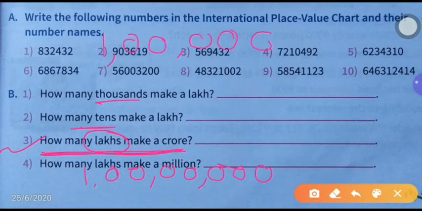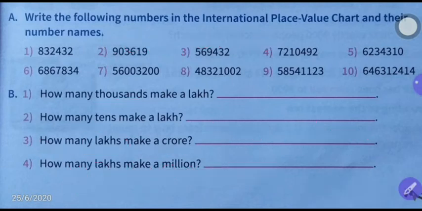Five zeros. So from this 1 crore we will cut five zeros. Again how many remaining? 100. That means 100 lakhs make 1 crore. Like this you have to find the remaining, the second and fourth numbers.